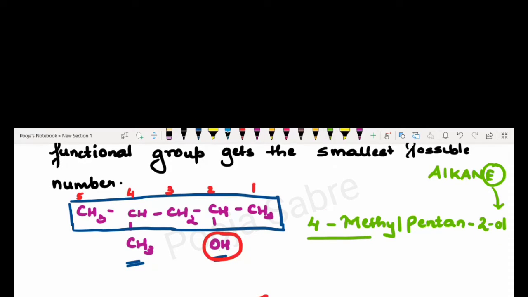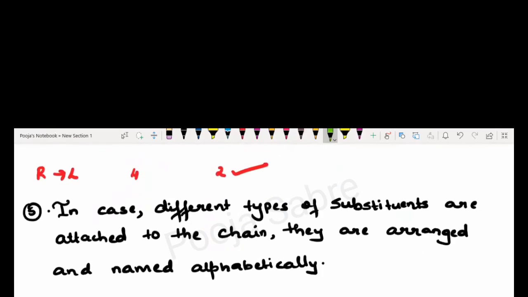So this is the correct name of this compound. Always remember, you're going to put a hyphen between a number and a letter. The first letter should be capital. I repeat, you're going to use a hyphen between a number and a letter, and the first letter should be capital. Clear? Let us proceed with the next rule.